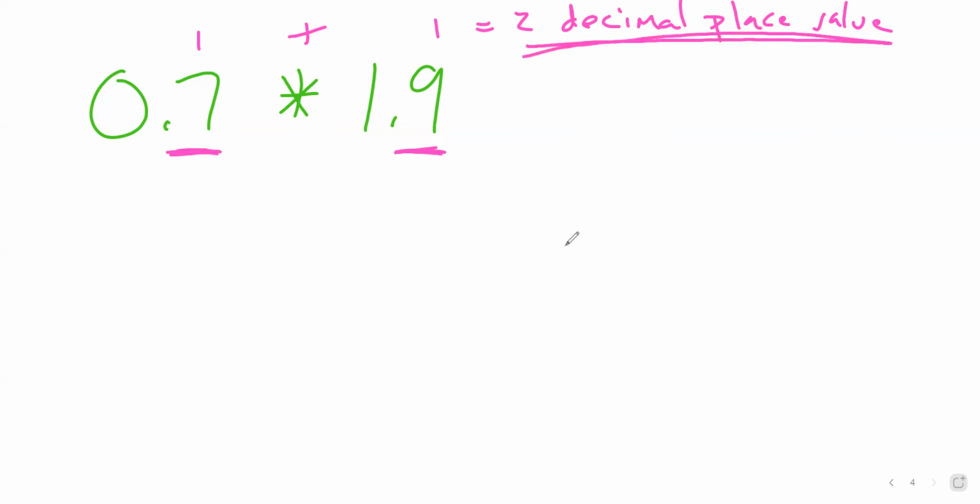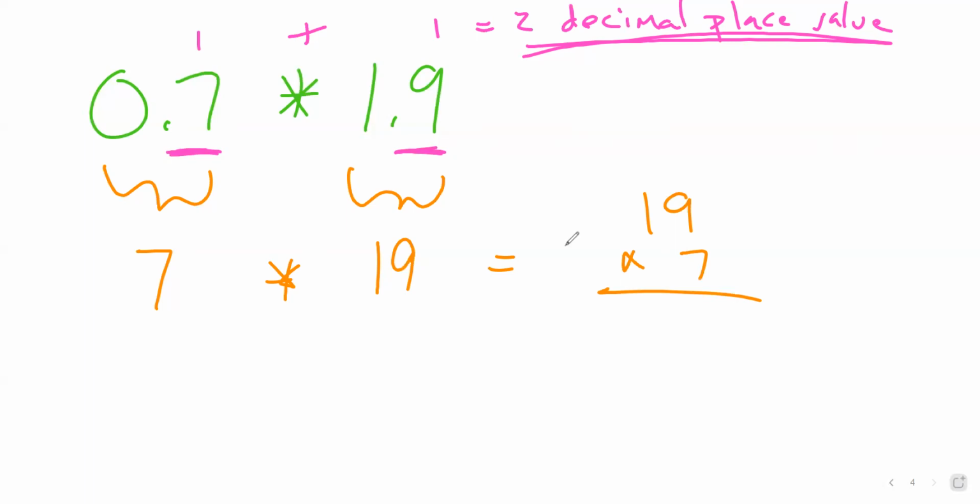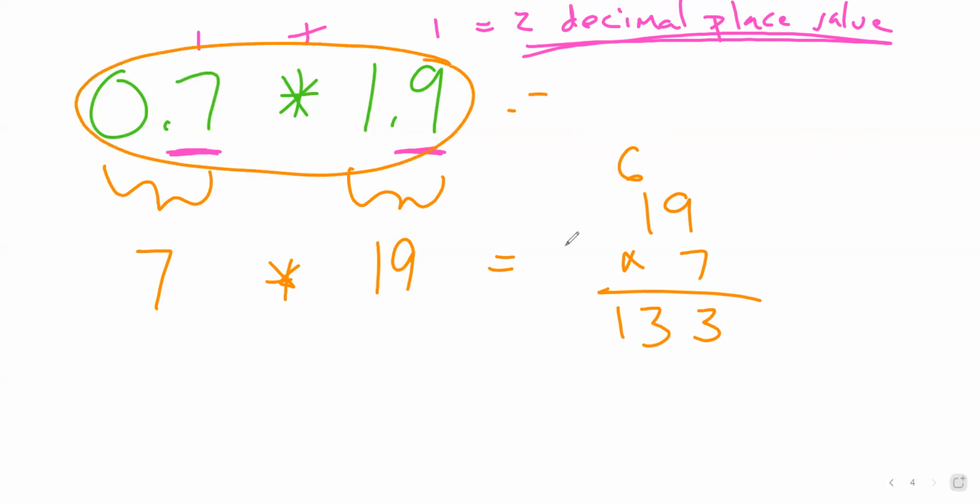So I'm going to go back to this technique where I can just treat this as a 7, and I'm going to treat this as 19, and I will multiply those. I will use the standard algorithm this time. 63, 7, 13. So when I multiply these together, I get a grand total of 133. But now it comes down to, well, no, it's not 133. It actually is a decimal.